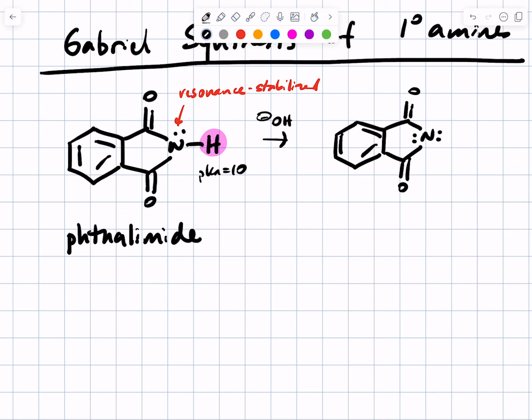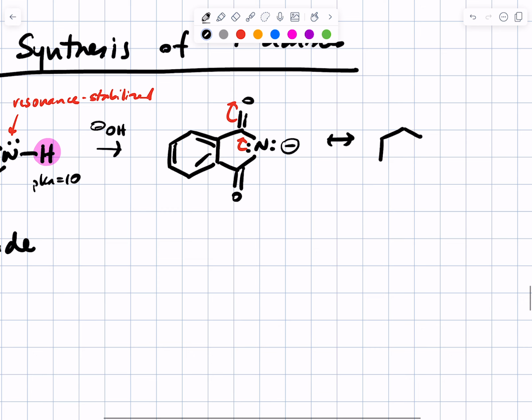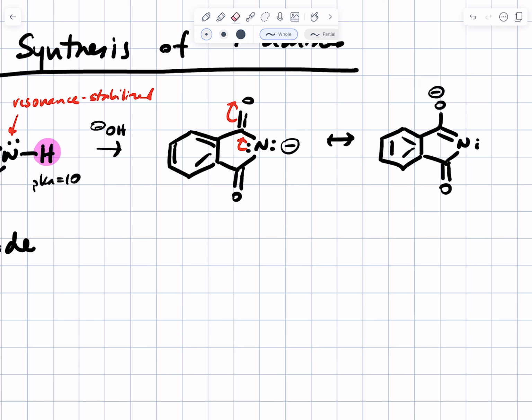So that nitrogen now has a negative formal charge and two lone pairs on it. One of the lone pairs is delocalized via resonance. I'll draw not all of the resonance structures, I'll just draw one of them, but you can see one of them has the negative charge out on one of the oxygens.